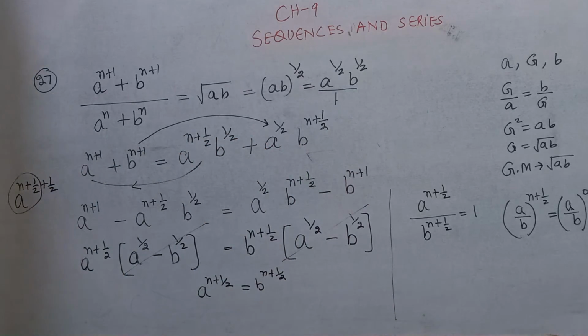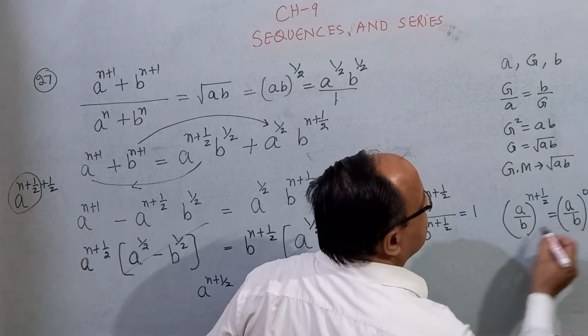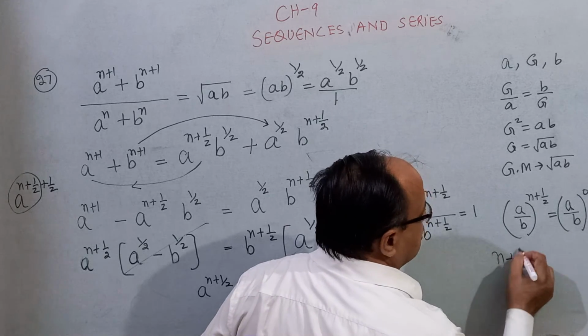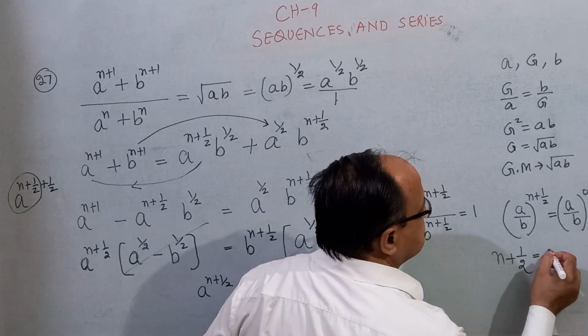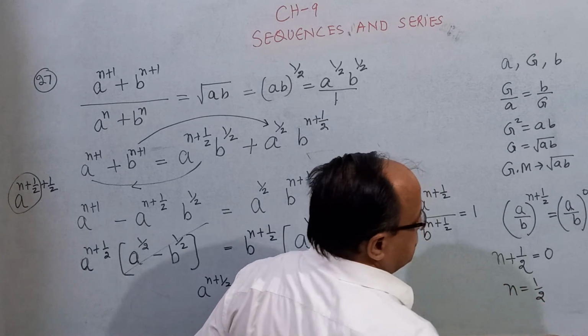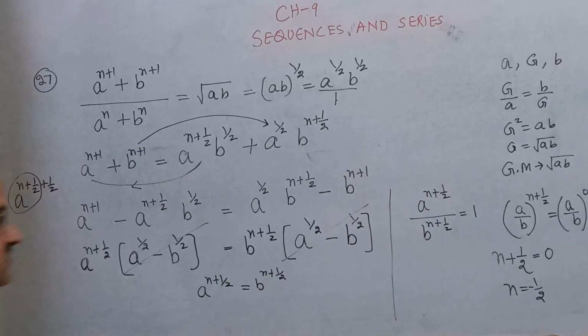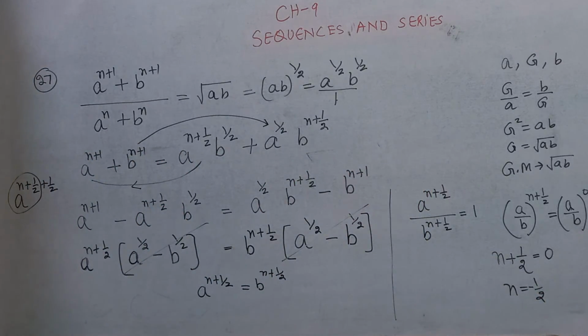And you know that if bases are equal, then powers are equal. Therefore n plus 1 by 2 is equal to 0. N is equal to minus 1 by 2. This is the solution of question number 27. Clear?